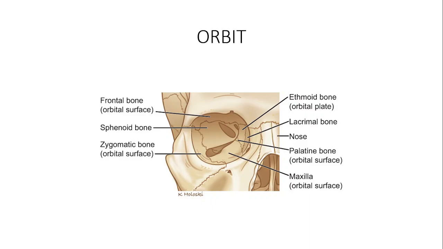Students, if you have to differentiate between orbital apex syndrome and superior orbital fissure syndrome, it is very simple. For the superior orbital fissure syndrome, you just concentrate on the structures that pass through the superior orbital fissure. So in superior orbital fissure syndrome, we have what?